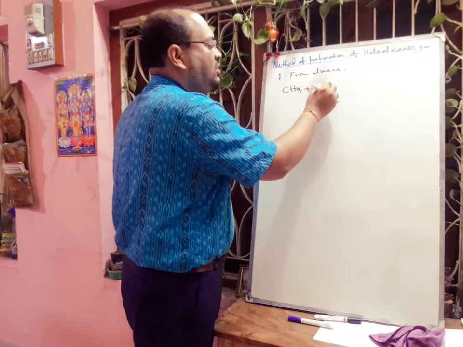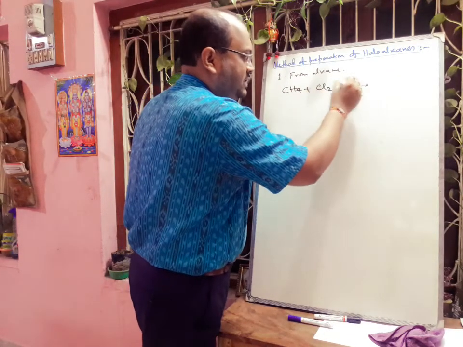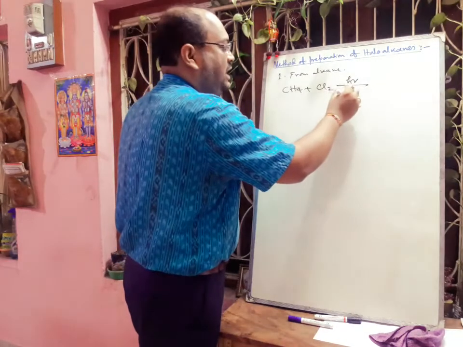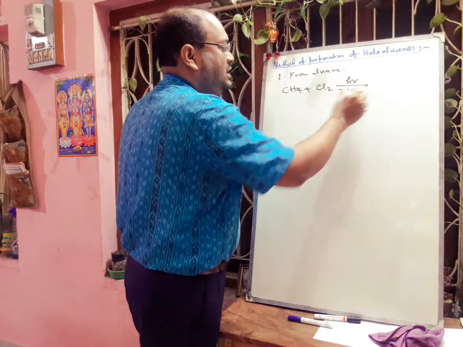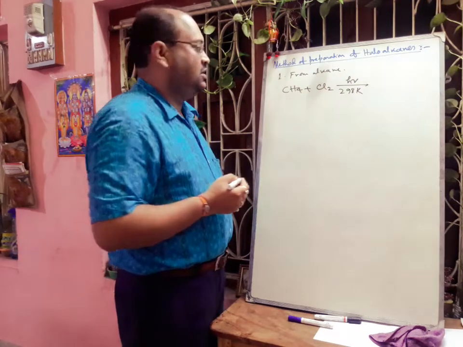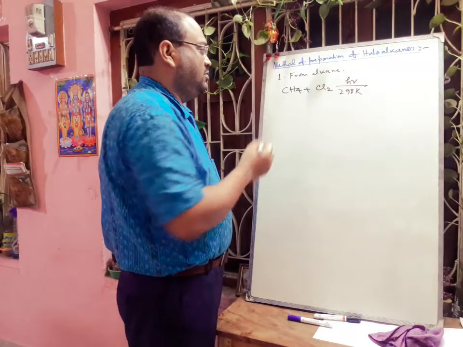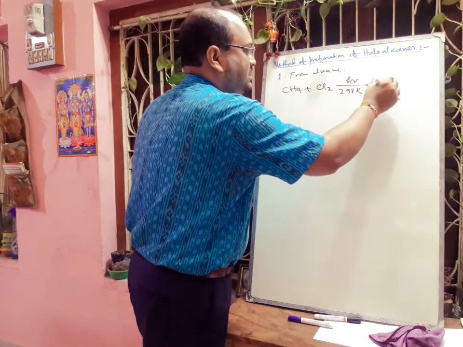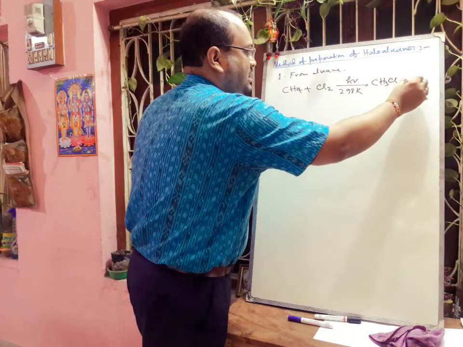If we add one mole of chlorine in the presence of light at a temperature of 298 Kelvin, then there will be free radical substitution of a hydrogen atom by chlorine. So we will get methyl chloride plus HCl.